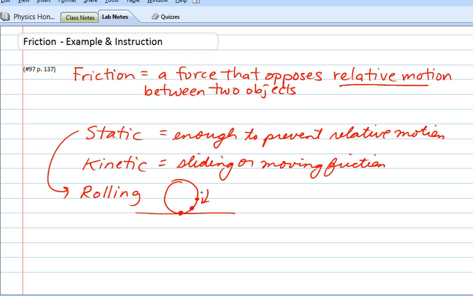But we're not really going to worry about rolling friction. We're just going to say that we have static friction, which is to prevent relative motion, and kinetic friction, which is like sliding friction.